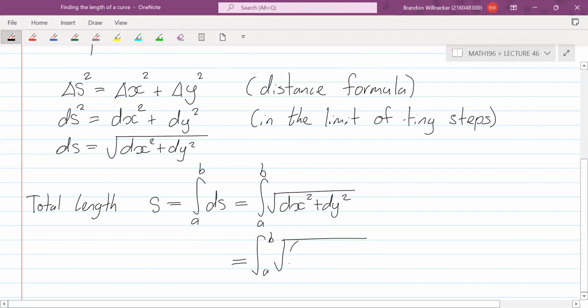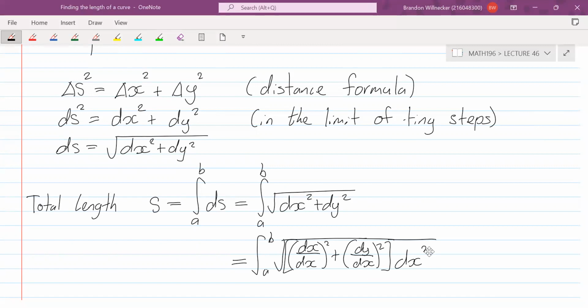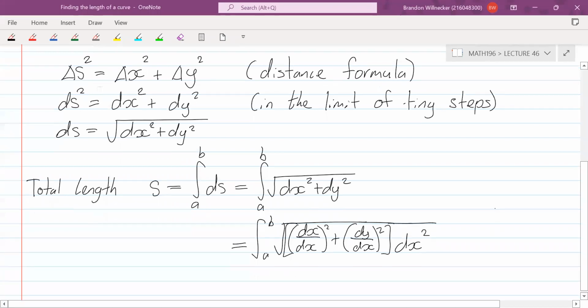So we end up with dx over dx squared, plus dy by dx squared, times dx squared. Okay, so we've just divided by dx and then times by dx squared, so we haven't really changed anything.